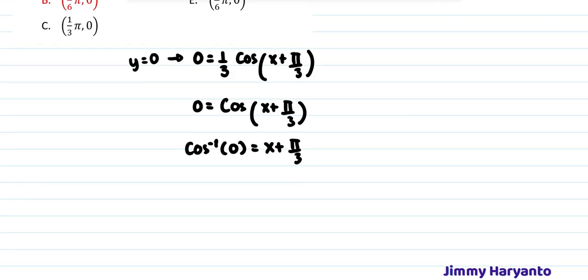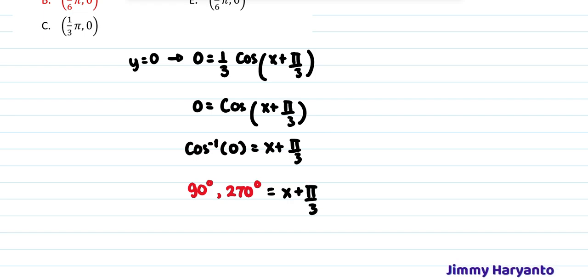And then you will think, list the angles that make the value of the cos 0. You'll have 90 degree and 270 degree. Both of them will give you the value of cos equals to 0. But we have to answer it in pi, so I will change this into pi, which is pi over 2. 90 is 180 divided by 2, right?